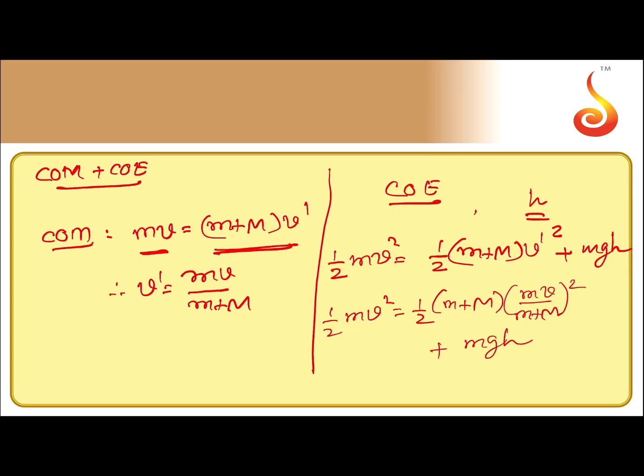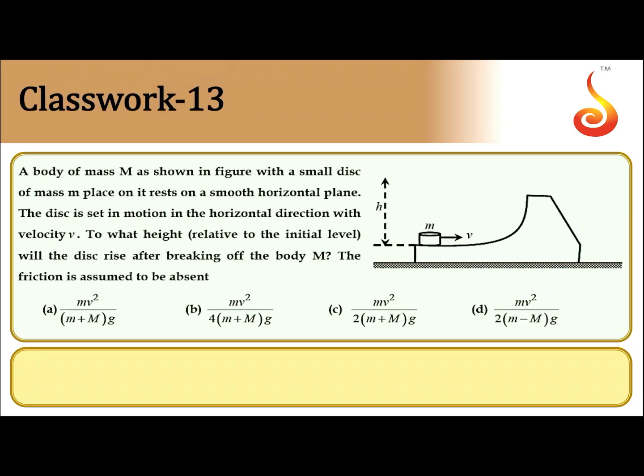Upon simplification you get h as mv square divided by 2 times (m plus m) into g. So the height to which it rises is mv square divided by 2 into (m plus m) into g. So C is our correct choice.